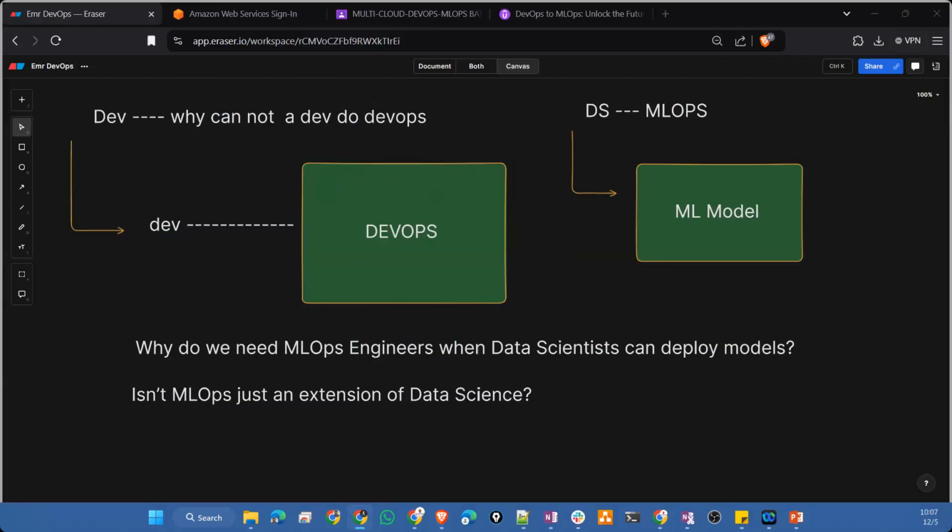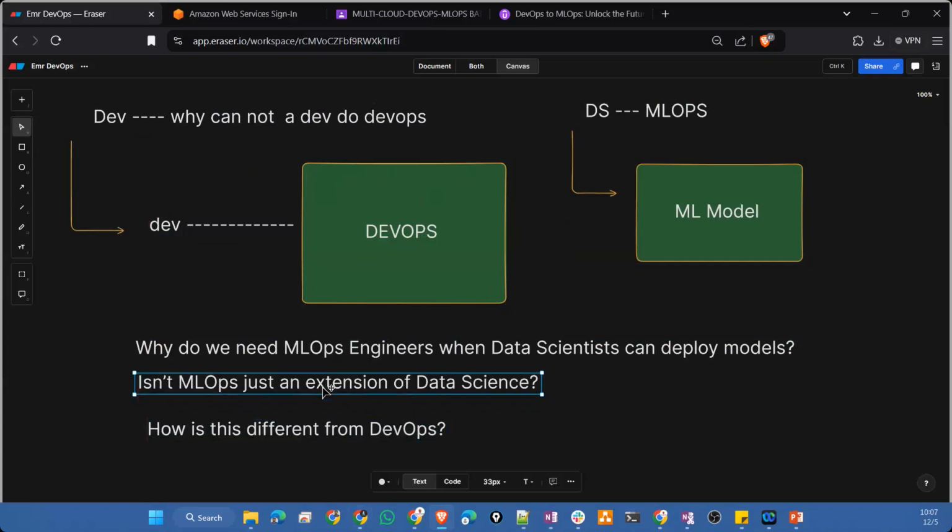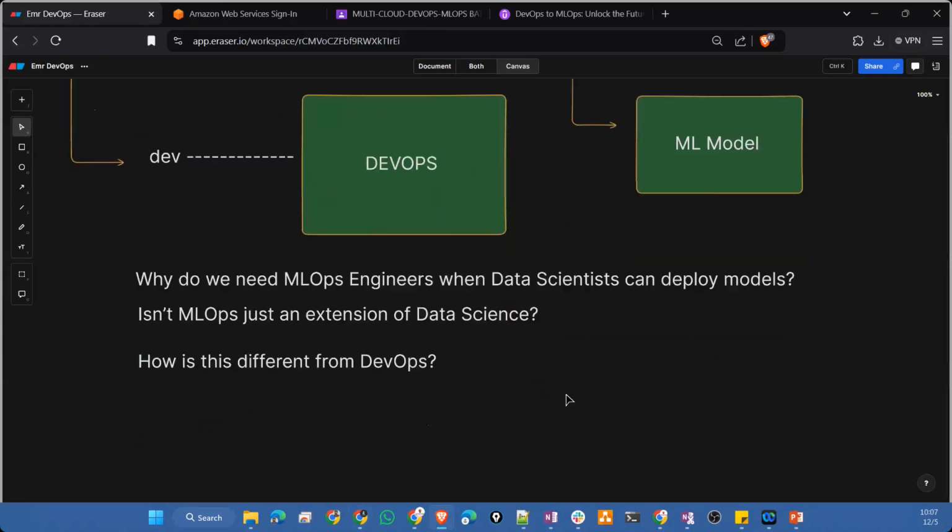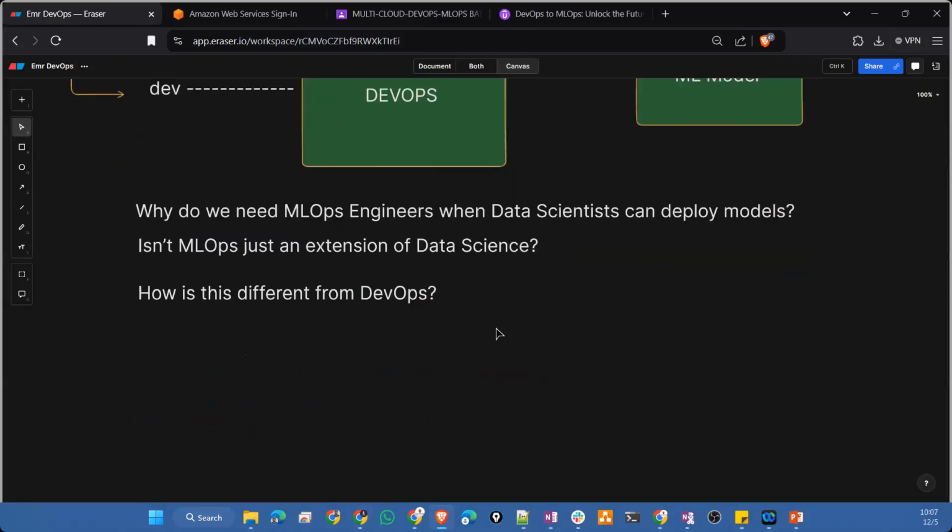One more popular question from many students: how is MLOps different from DevOps? DevOps focuses on the software development lifecycle, while MLOps deals with unique challenges in machine learning, like data pipelines, model retraining and drift detection, alongside DevOps principles.